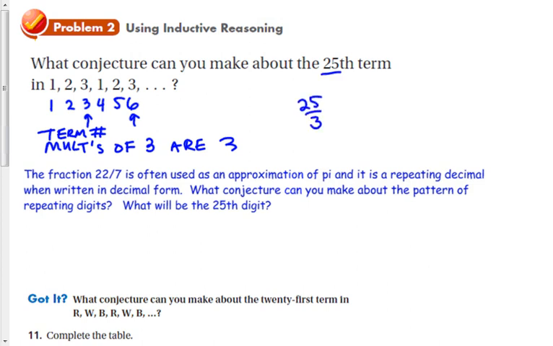If we divide that by 3, we get 8 with a remainder of 1, which means that if it was a 24th term, then the number would be 3. Since it's 1 more than that 24th term, it's the next number after 3 in the series, which is 1. So my conjecture is that the 25th term will be 1.